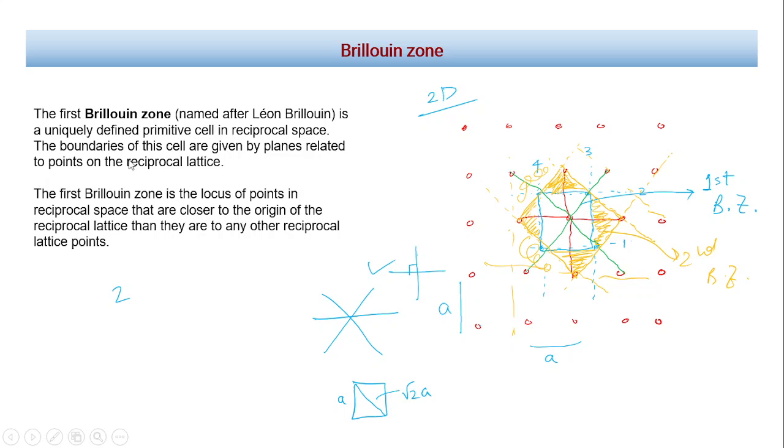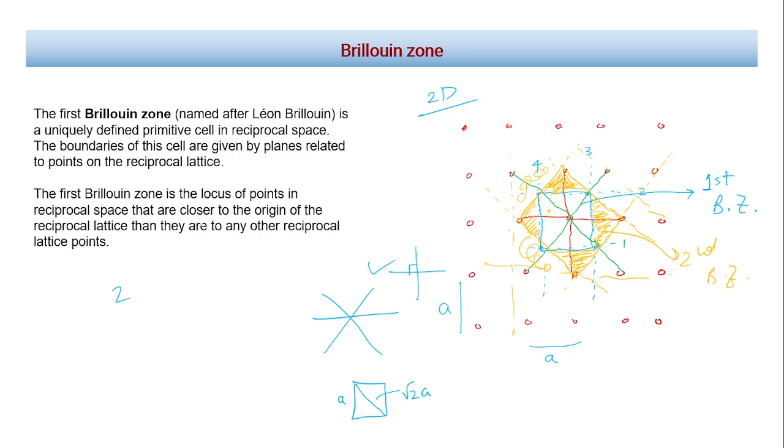The first Brillouin zone is the locus of points, meaning all the points in the reciprocal space. What the Brillouin zone tells us is that for the first Brillouin zone, any point inside it will be nearest to this lattice point than to any other. You can see that if there is any point just to the right of this plane, then it would be nearest to this center one and not to any other lattice point.